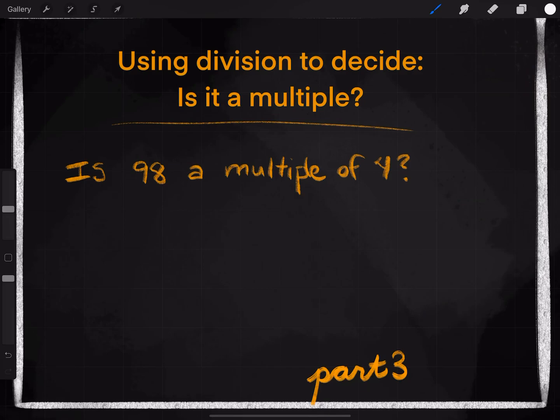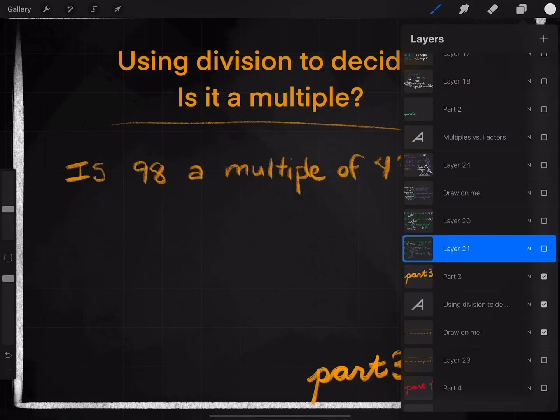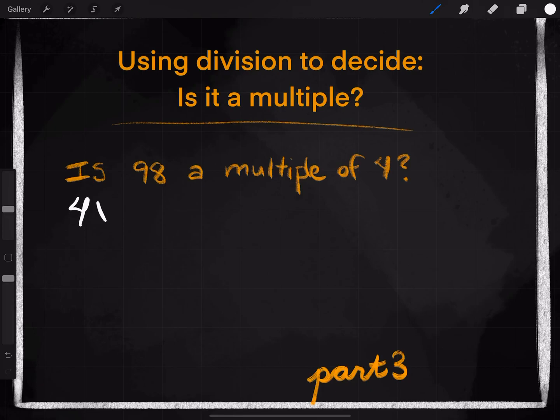So 4 times, oops, better click on this. There you go. Is 4 times something 98? So we can use division. Here's where long division can kind of come in handy. So we'll go ahead and divide. Give it a try if you haven't paused the video yet.